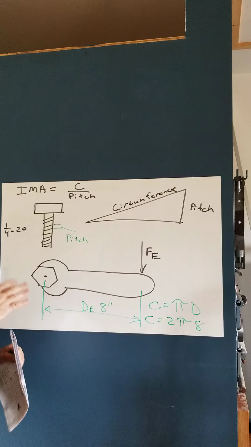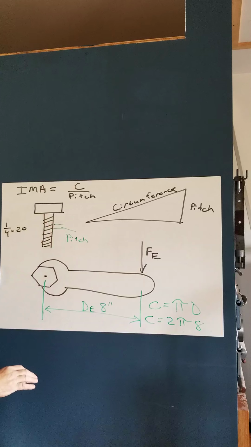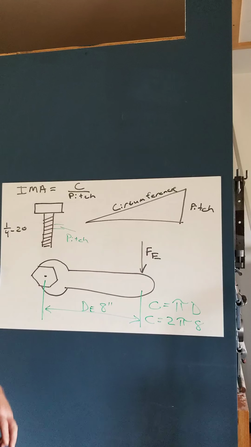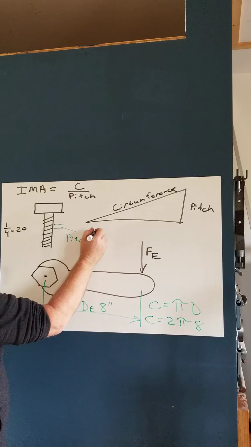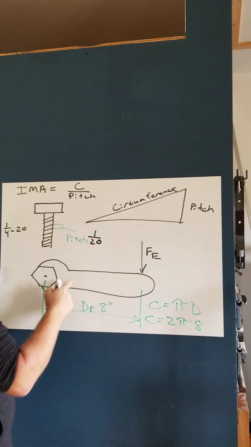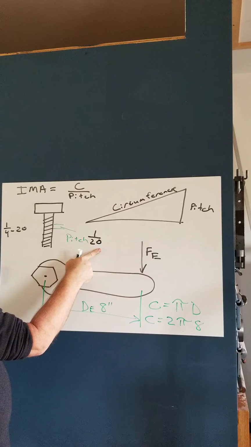In SAE, or imperial, the way Americans identify bolts, this 20 refers to how many threads there are per inch. So to get the actual pitch, you divide 1 inch by the number of threads, and that will give you the actual pitch.